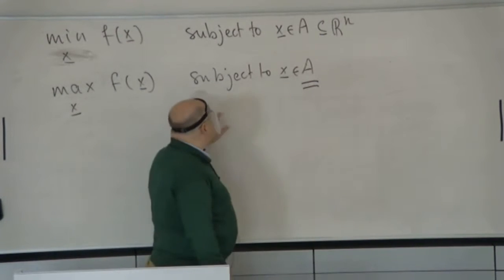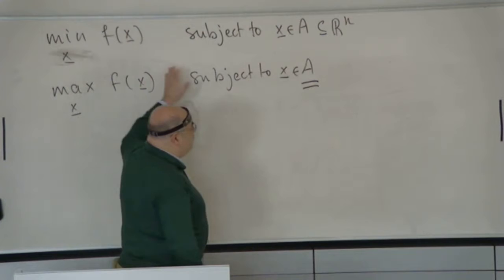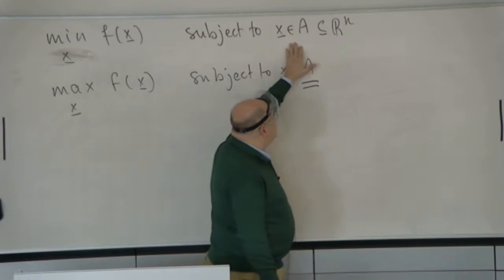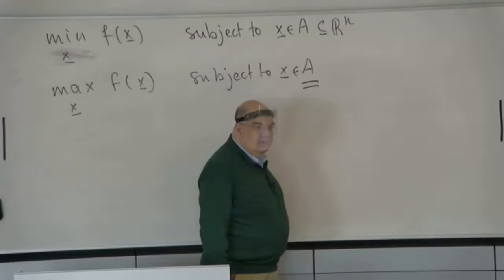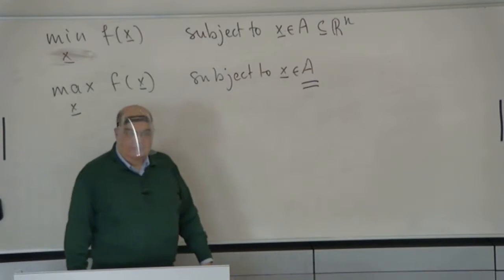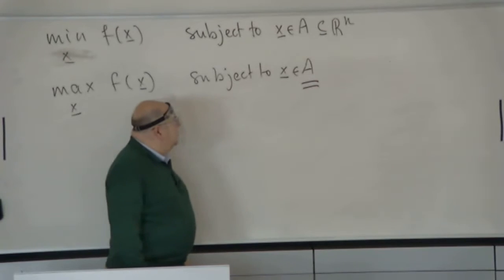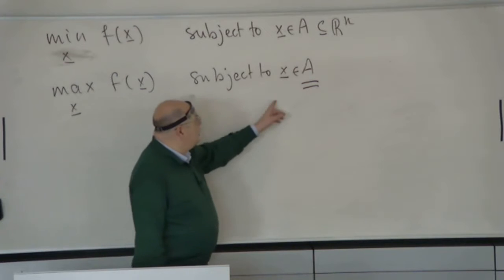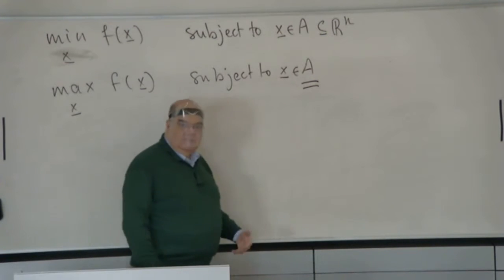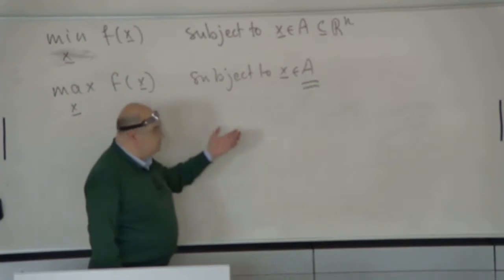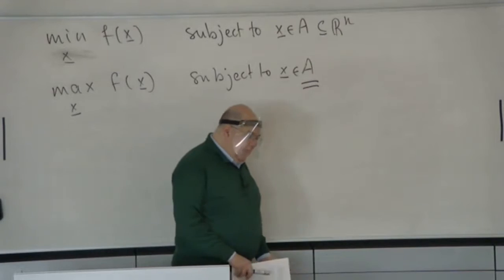That is, x is not free to take any value, but is required to be in a subset of the whole domain Rn. And usually the set A is called the constraint set, and this is the reason why this is usually called constrained optimization.